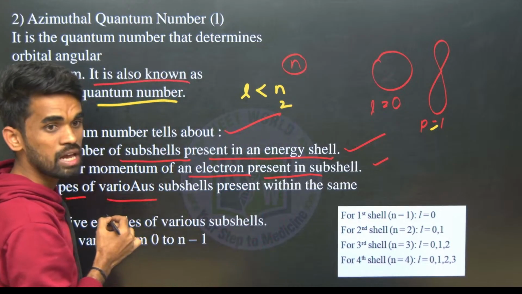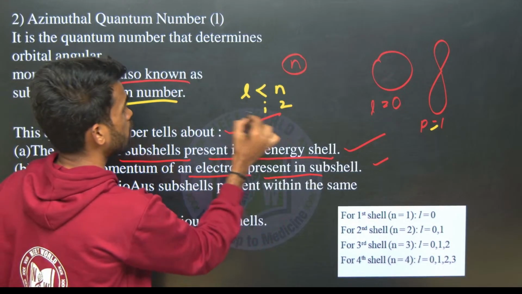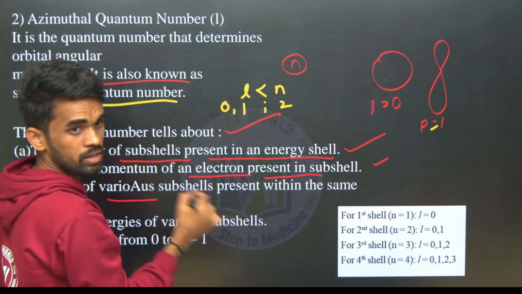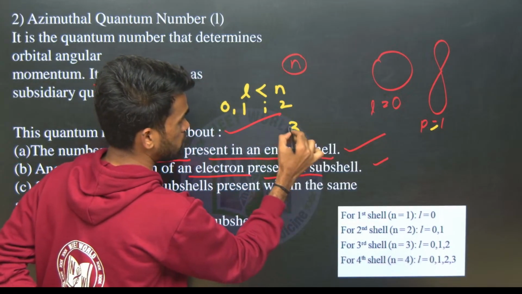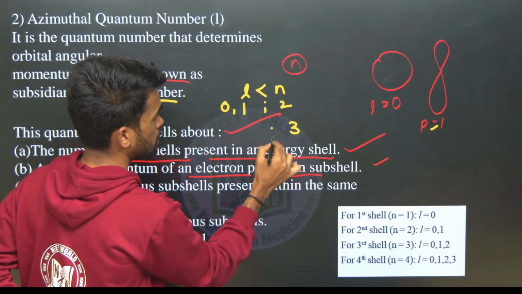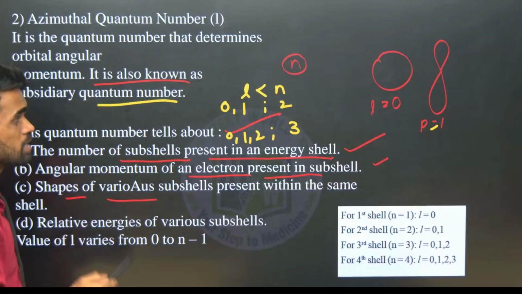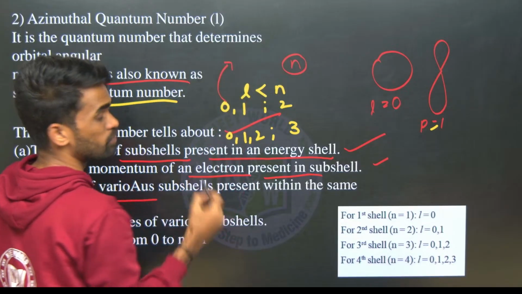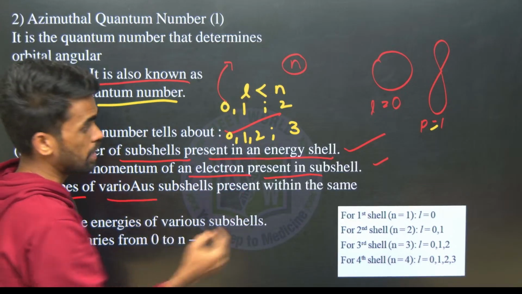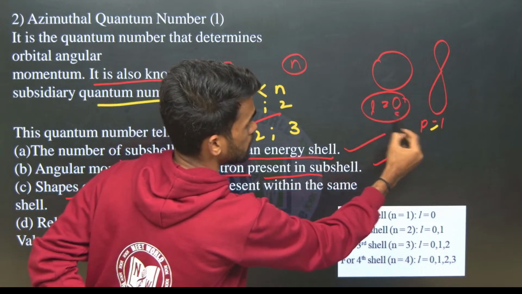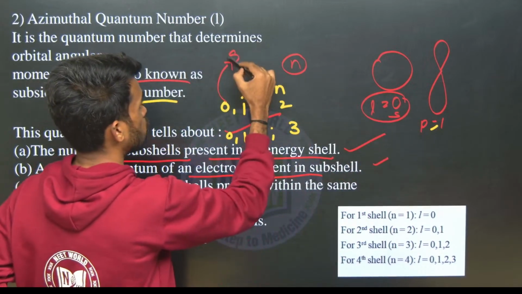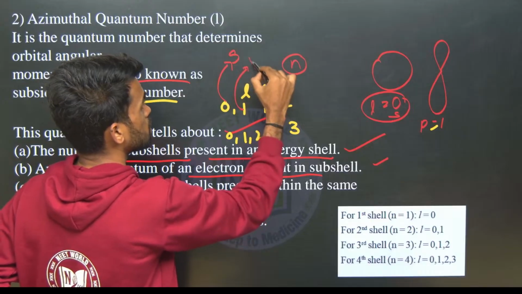What are the possible L values we can write? 0, comma 1. For a particular n value 3, L can be 0, 1, 2. L 0 means which subshell? S subshell. And L 1 means P subshell.